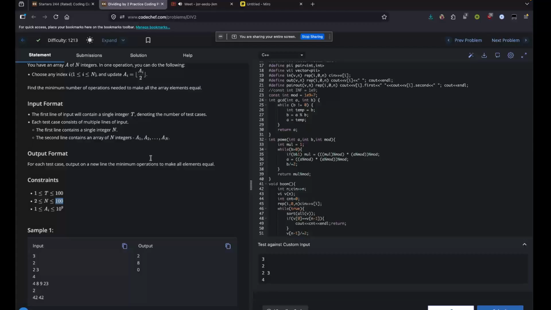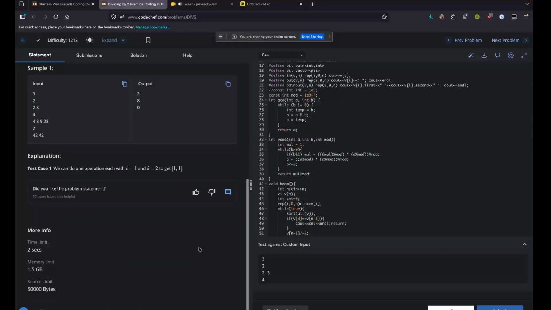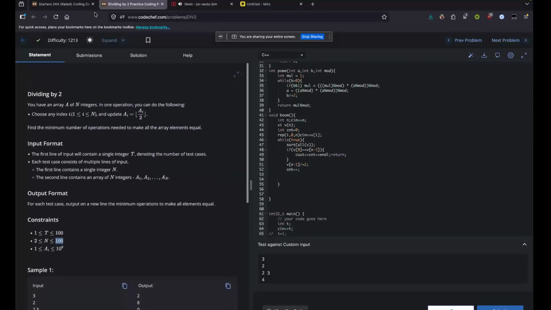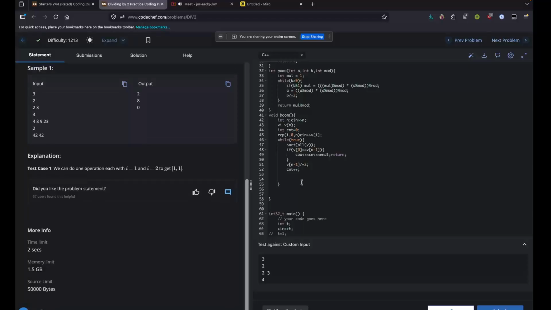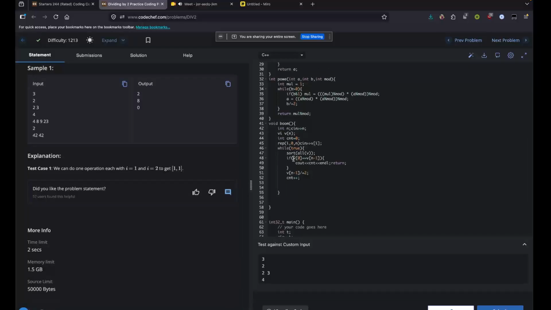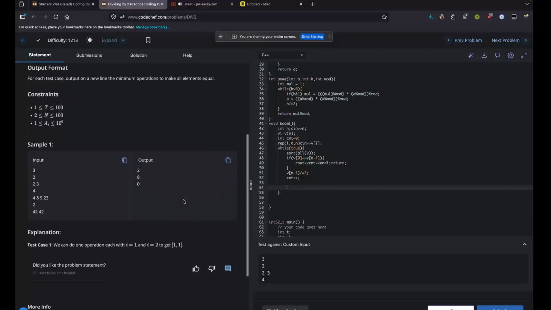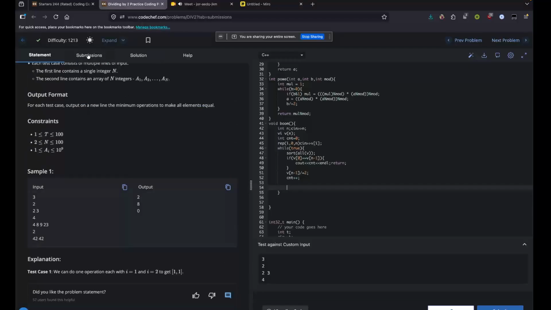If I show you the code, I tried the brute force one after the contest. That is the approach. So let me show you the optimized one.